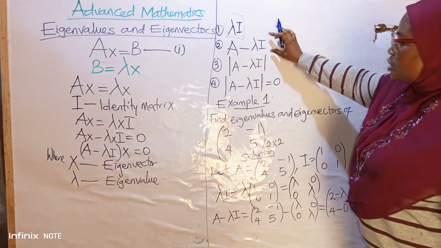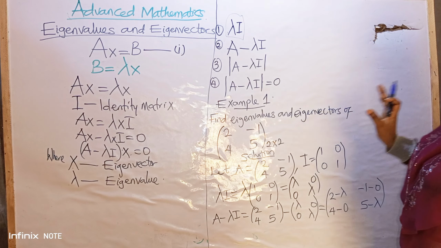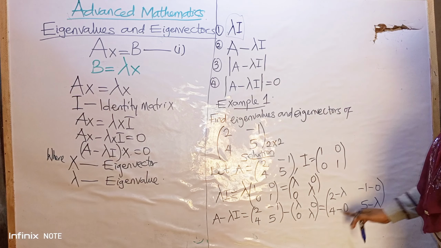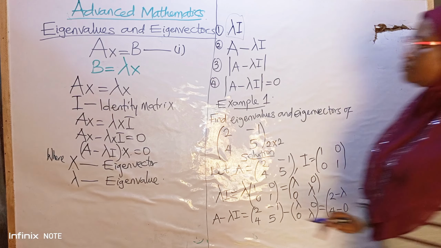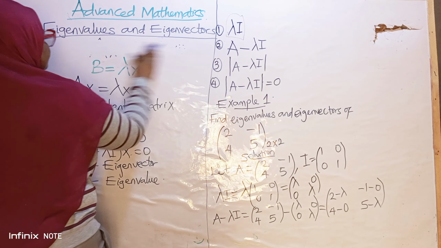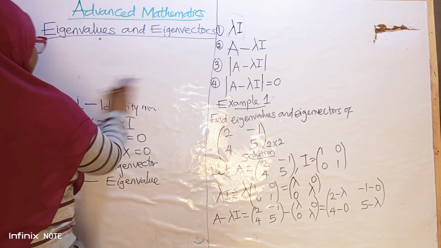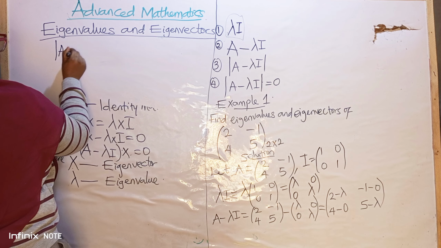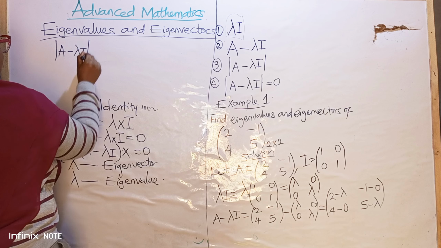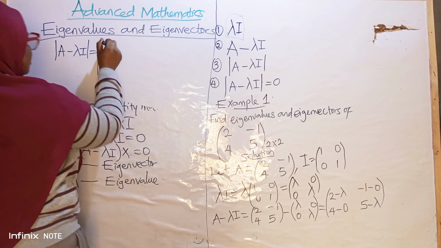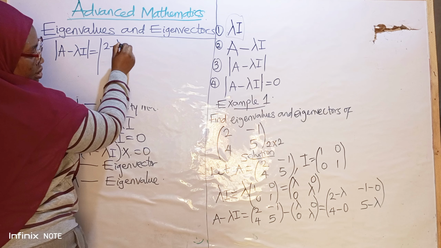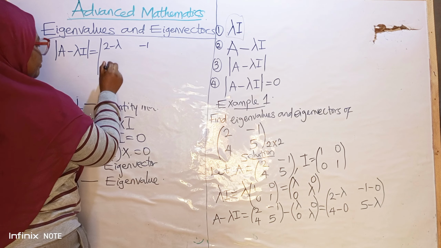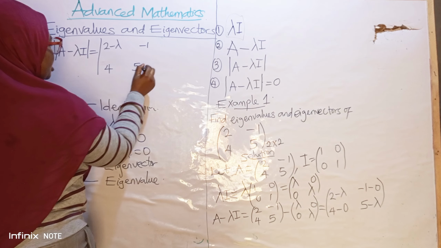So that is step 2. Step 3 is that I have to find the determinant of these: 2 minus lambda, minus 1, 4, 5 minus lambda.